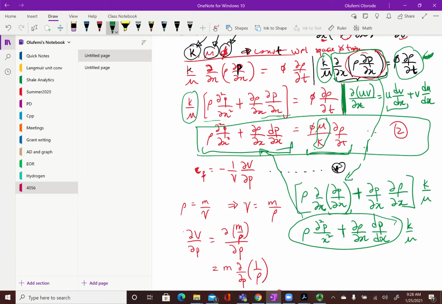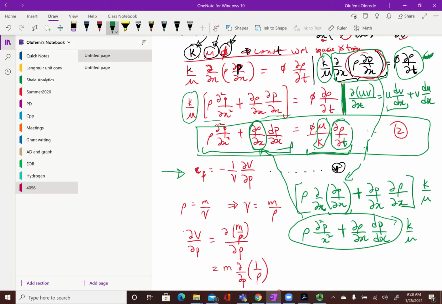Now we want to simplify further, and the terms we want to simplify are these derivatives: the derivative of density with respect to space and time. For that, we introduce the concept of fluid compressibility, which is minus 1 over V dV/dp.